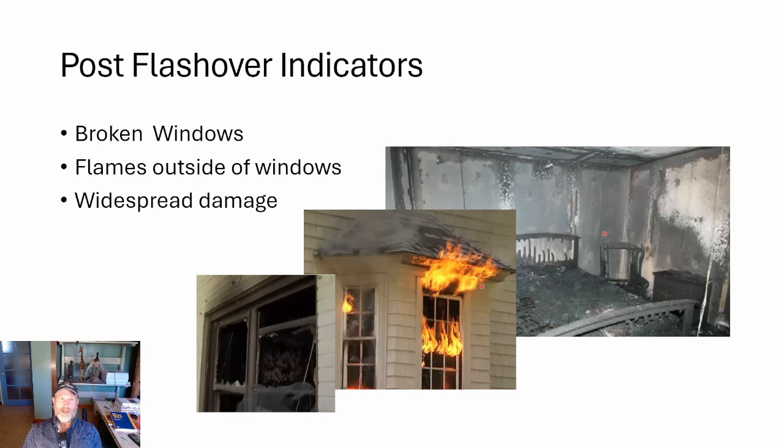You don't necessarily have flames on the interior, but as soon as a ventilation opening is provided, those hot gases will fly out and mix with the oxygen and ignite because it's hot enough for auto-ignition. So a telltale sign of flashover conditions is flames emerging from buildings, from doors, from windows. The other telltale sign is widespread damage.